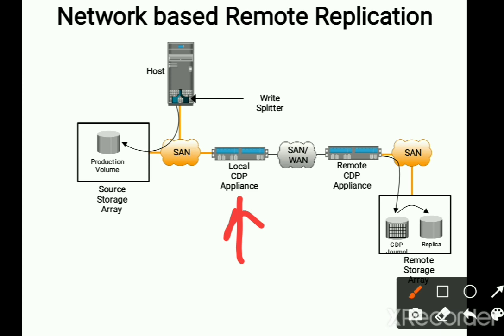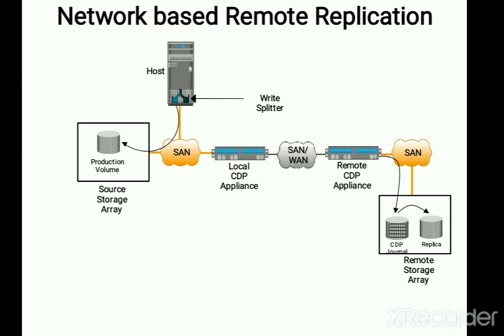Once the data is moved to this appliance, it is going to acknowledge. But in synchronous replication, the host is going to wait for the acknowledgement from the CDP appliance at the remote site before sending the next one.